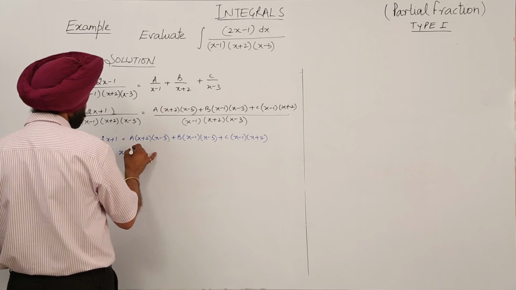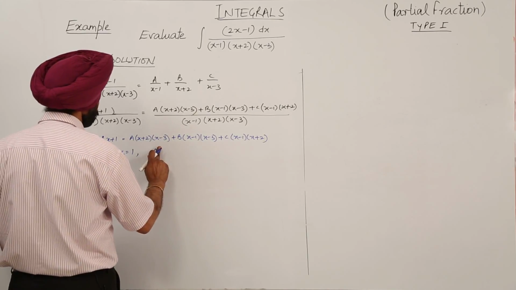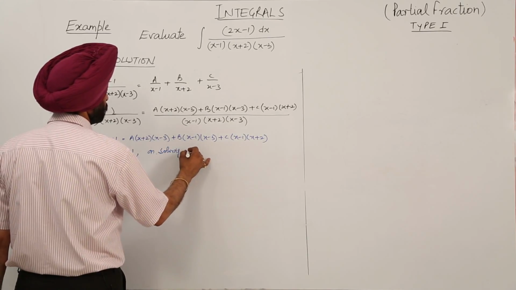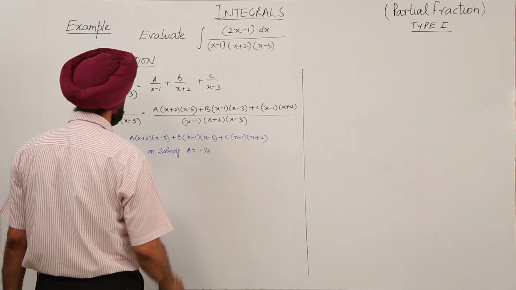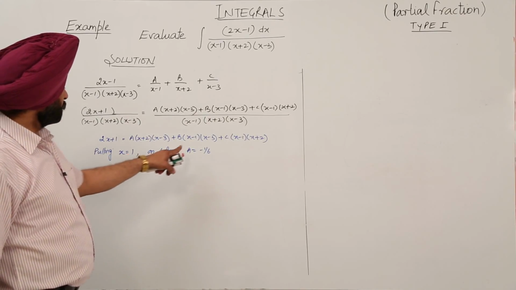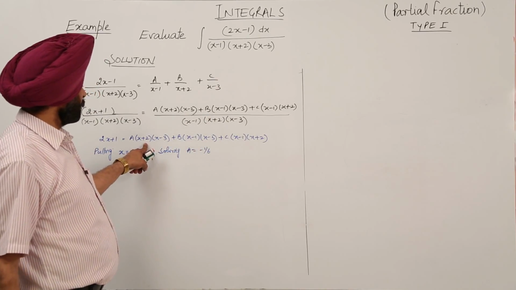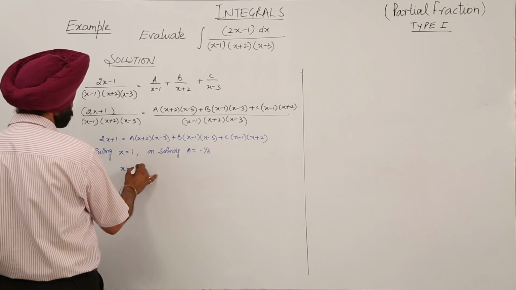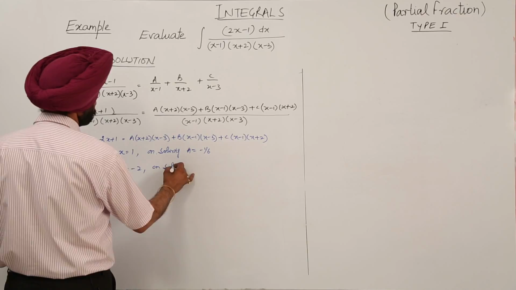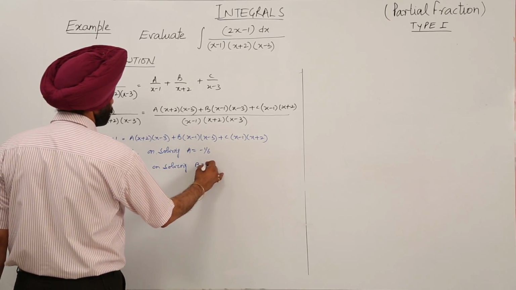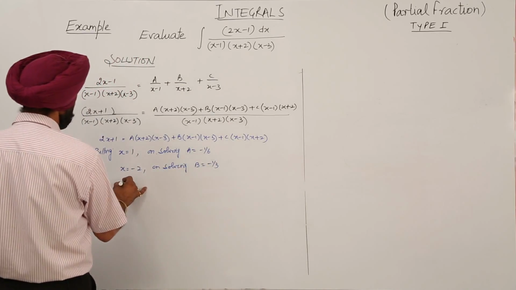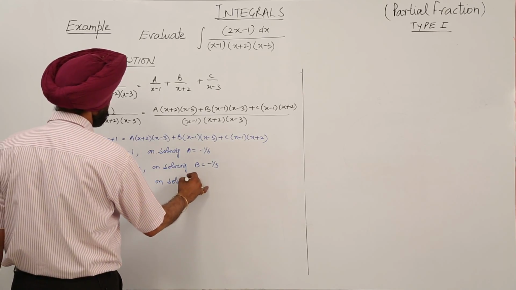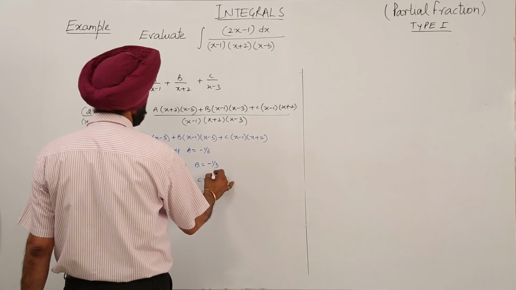Putting x is equal to 1, on solving, we will be getting A is equal to minus 1 by 6, because when you are putting x is equal to 1 then this term and this term both will be 0, we are left with only A. Putting x is equal to minus 2, on solving, B is equal to minus 1 by 3, and putting x is equal to 3, on solving, we are getting C is equal to 1 by 2.